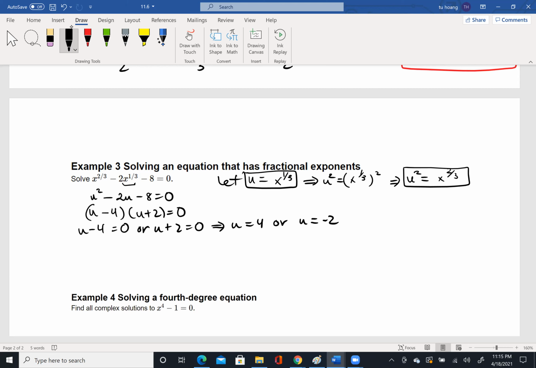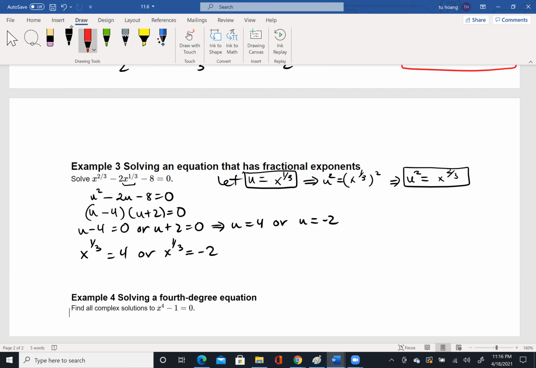So now you can have this, because we are looking for the x, right? So we can chain back: x to the power 1/3 equals 4, or x to the power 1/3 equals -2.